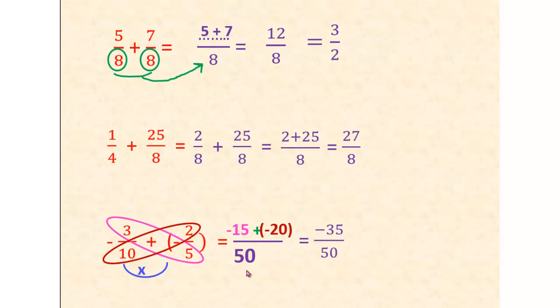So I will now have negative 35 over 50, and still I can simplify this rational number by dividing both the numerator and the denominator by 5. As a result, I will have negative 7 over 10. Those were the main three ideas in the previous lesson.